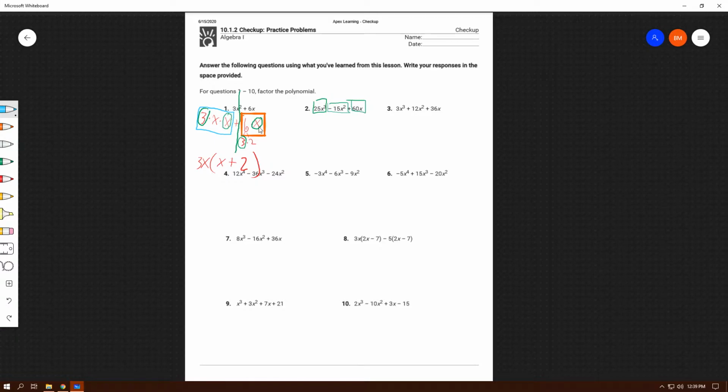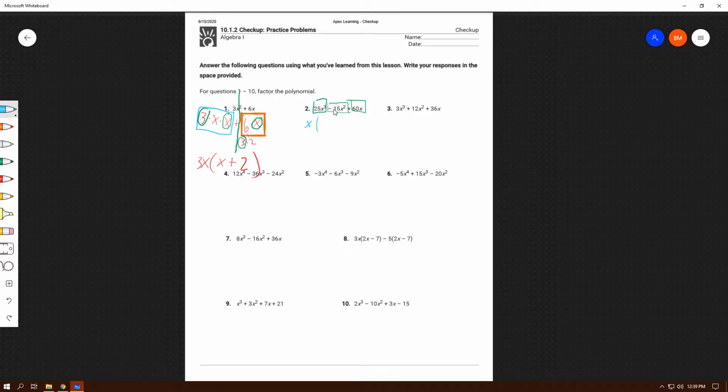So I know I can take out an x from all 3 pieces, but only one, because that is the smallest that any of them has. We can only take out what they all have in common. Obviously, the x squared has 2 and the x cubed has 3, but they all share at least 1. So we can take 1 out.